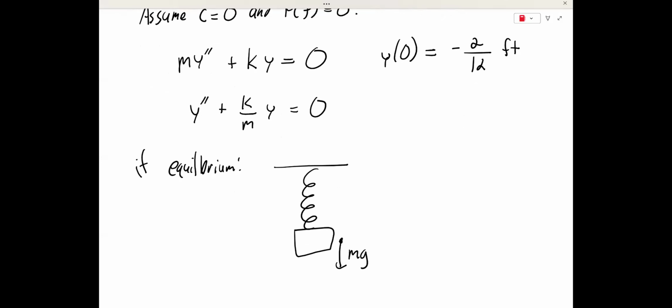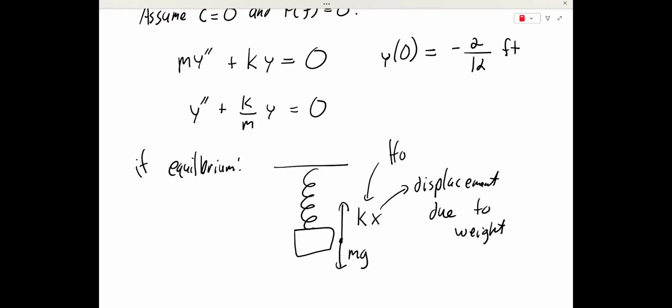Then acting up, there's going to be some force from Hooke's law, and the force up is kx, where x is the displacement due to the weight. I'm using x instead of y for this part, but this is Hooke's law here. That kx, that'd be the force of the spring.